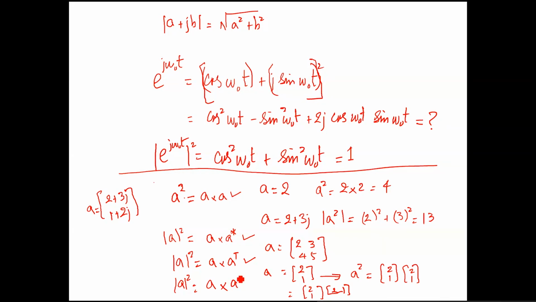What is transpose conjugated? We have a name for this. Anybody ever heard of this? It is Hermitian. So what is Hermitian? It is taking a transpose and then taking the conjugate. Transpose conjugate or take conjugate and then transpose, one and the same thing. That is known as Hermitian.